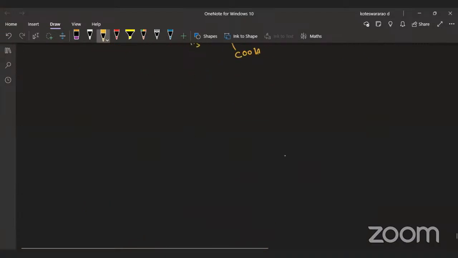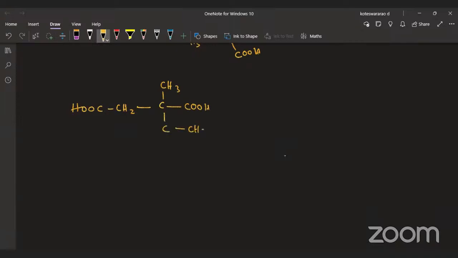In this degradation reaction, two equivalents of camphoronic acid are involved. Now I am going to take two equivalents of camphoronic acid. It is an important degradation. Please listen carefully.